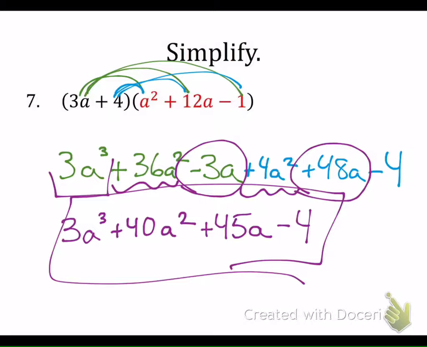The 4 is negative because I multiplied it by a negative 1. All right, what are your questions? Are we good? Yep.